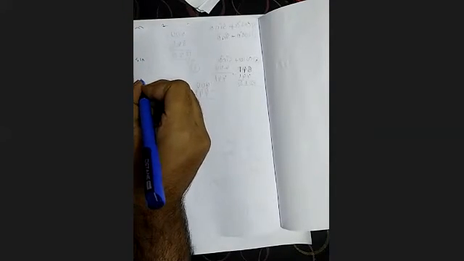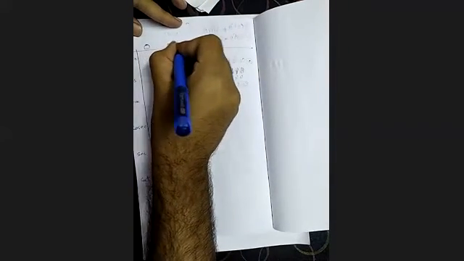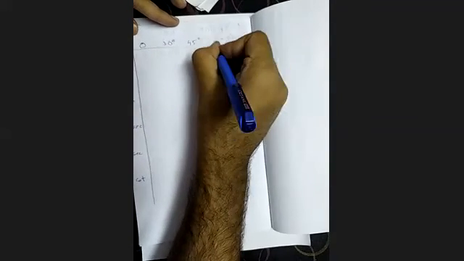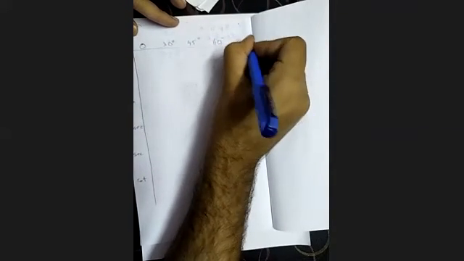First of all, write sine, cos, tan, cosecant, secant, cot. Then 0, 30, 45, 60, 90.